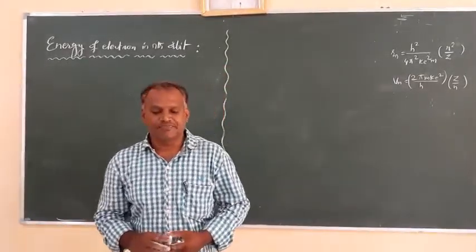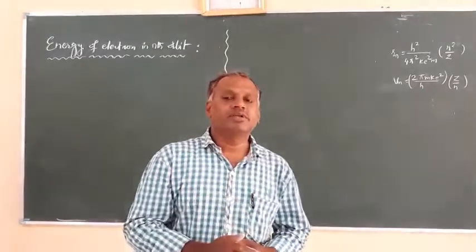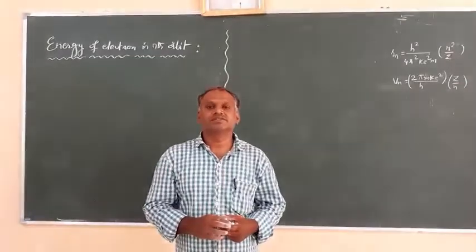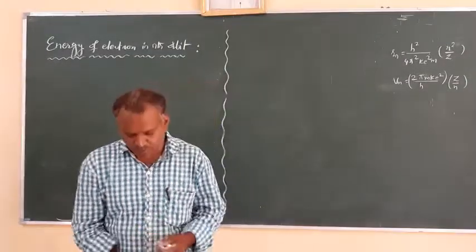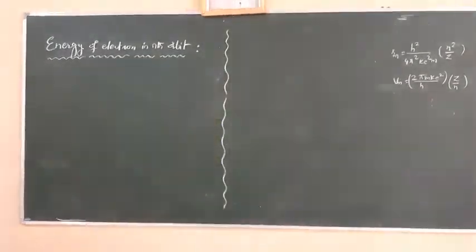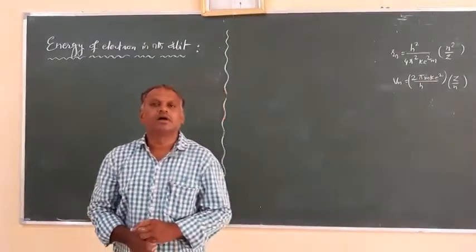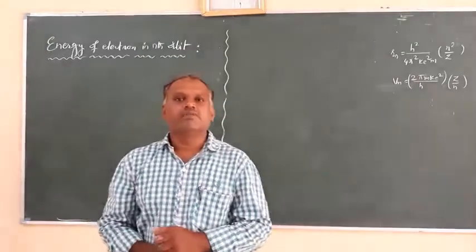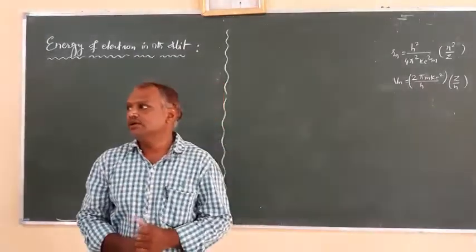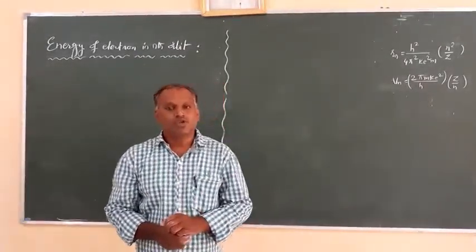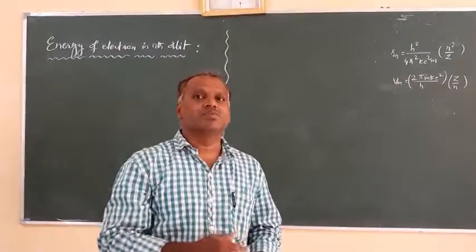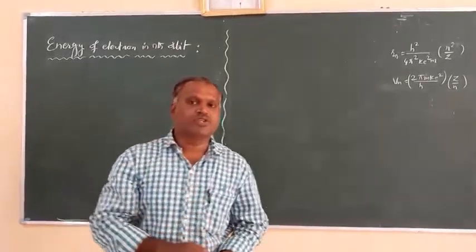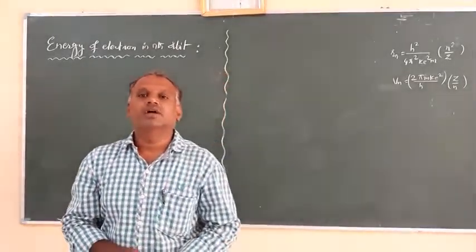The radius of the electron in the nth orbit is proportional to n square by Z, and the velocity of the electron in the nth orbit is proportional to Z by n. The angular velocity is proportional to Z square by n cube, and the time period, its reciprocal, is proportional to n cube by Z square. So those four equations we derived in the last video.